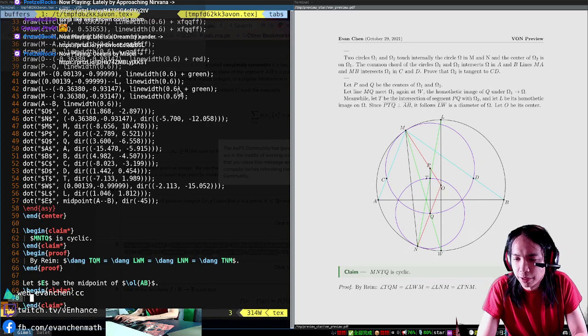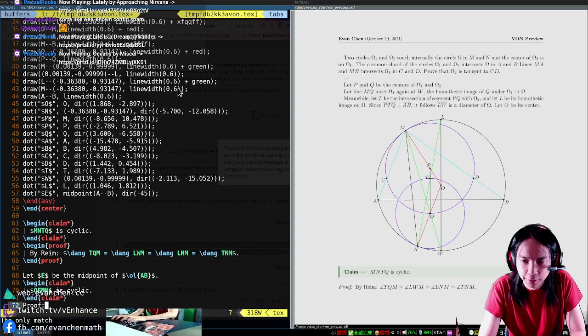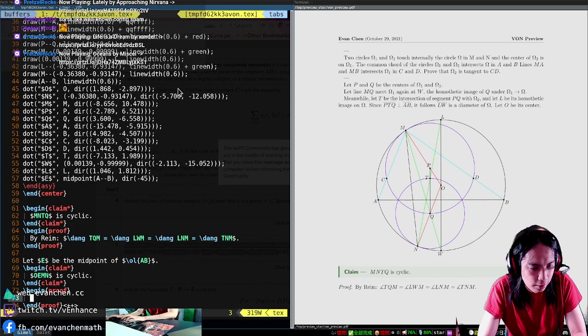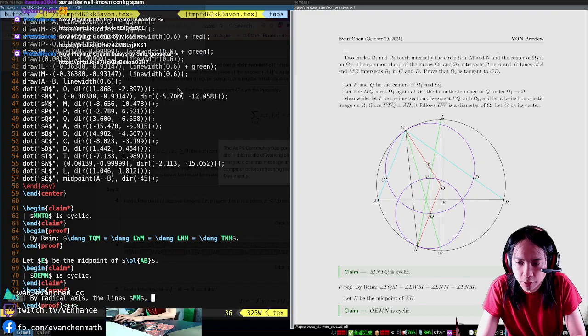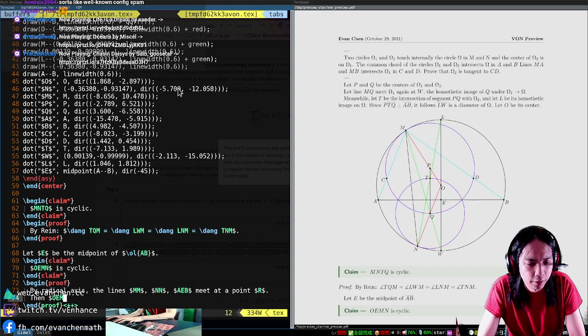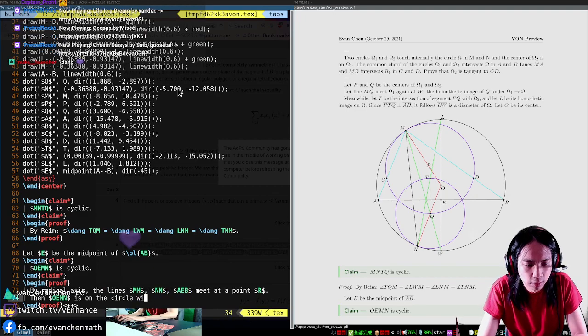So OEMN is cyclic. And that's because by radical axis, the lines MM, NN, AB meet at a point R. Then OAMN is on the circle with diameter OR.